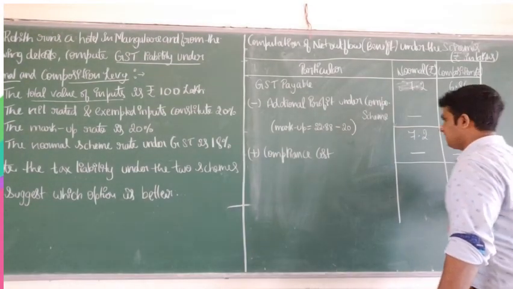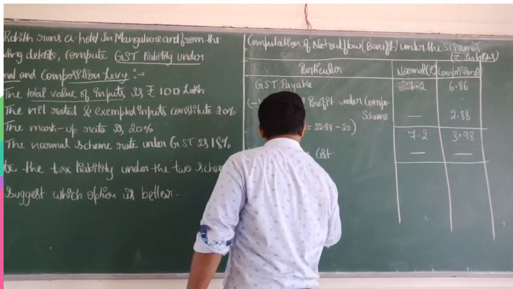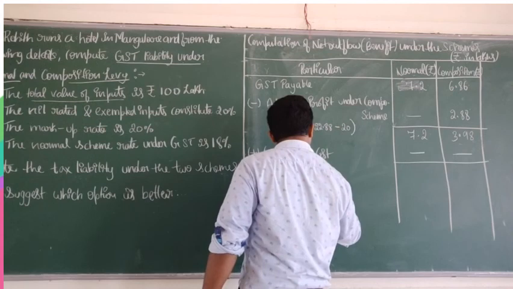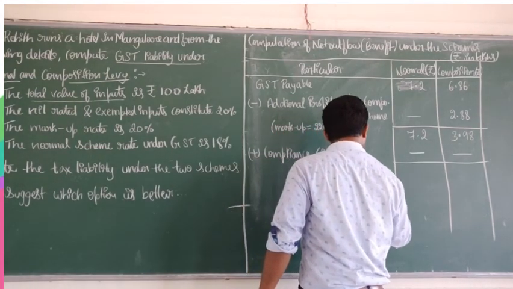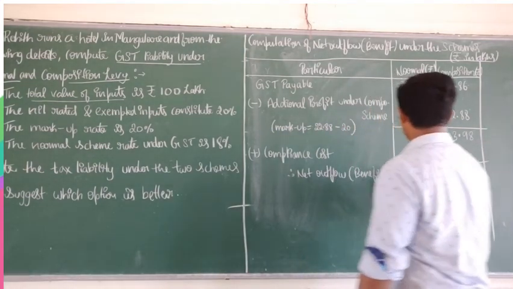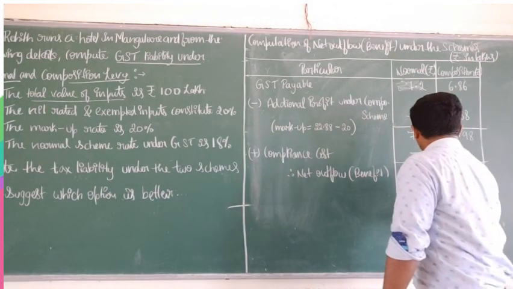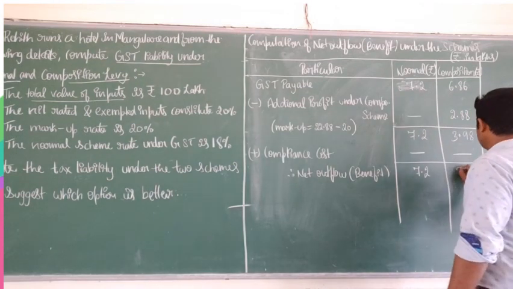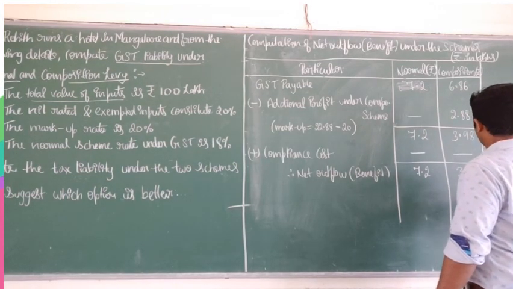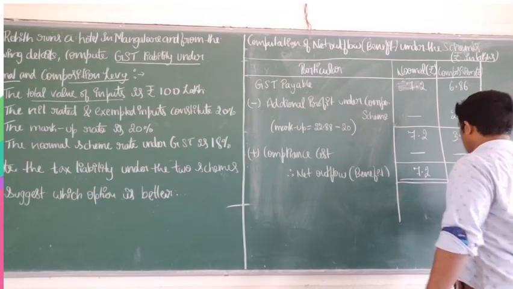So therefore we can say the net outflow or the benefit, if it is a negative value, is 7.2 lakhs in case of normal scheme, whereas it is 3.98 in case of composition scheme.